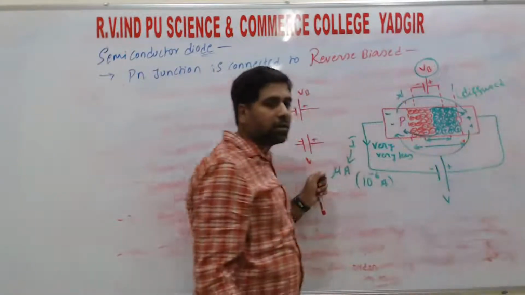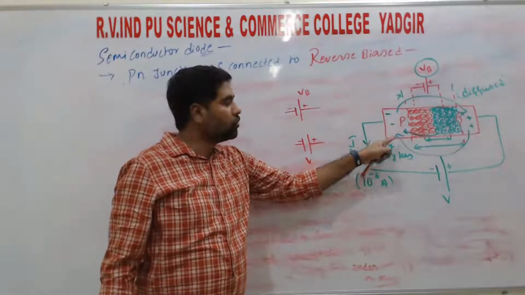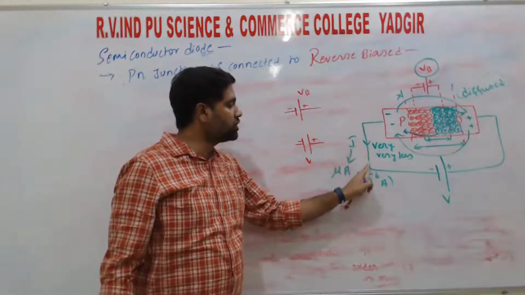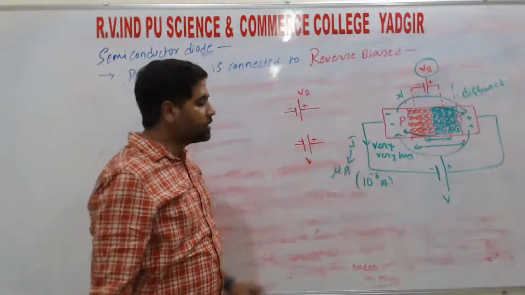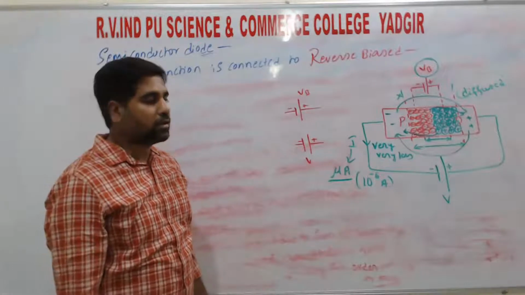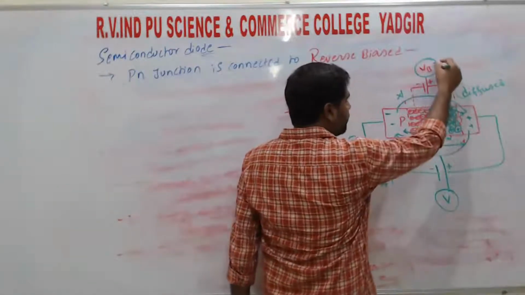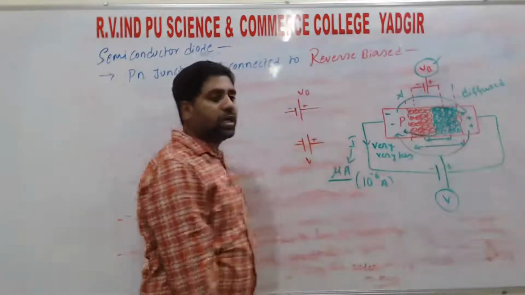So the current flowing in the external circuit is very less, of the order of microamperes. That is because the applied voltage is in the same direction as the potential barrier.